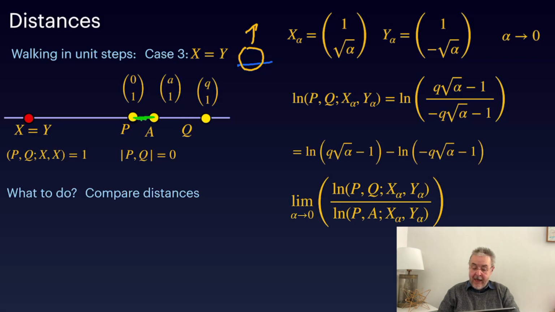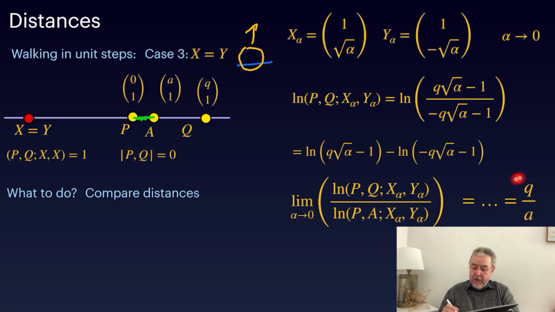And I don't want to bore you with calculations that you get here. You can read them up in the perspectives book, but if you apply the rule of L'Hopital, you will find out that after quite a lengthy calculation, you just end up with an expression q divided by a.